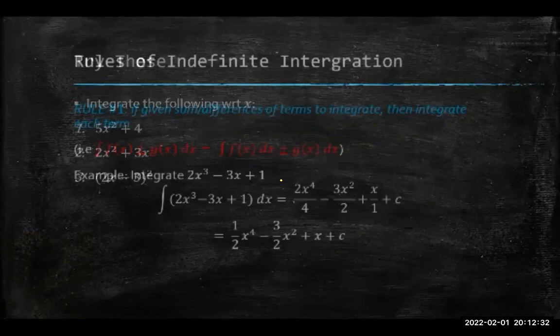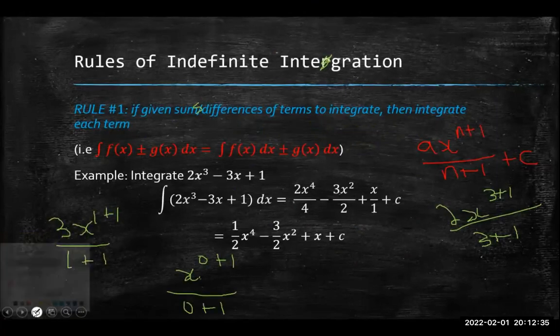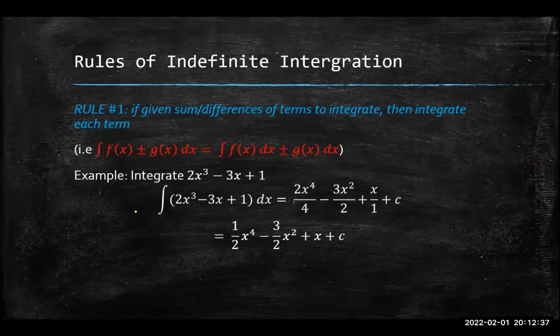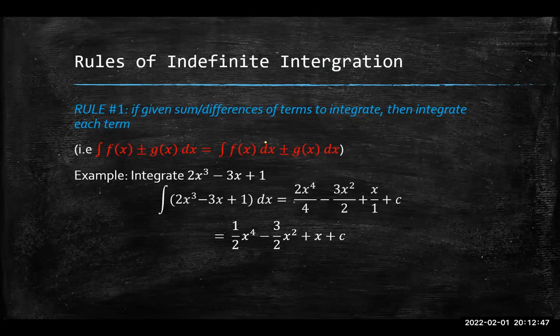Like we saw in this first rule, if I have sums and differences, I'm still applying the same rule I told you before: ax to the power of n plus 1, divided by n plus 1, plus c. But when you see sums and differences, you must make sure to integrate each individual term. In this example here, the terms were 2x cubed, that's one term, minus 3x, that's the second term, and then the last term was 1.